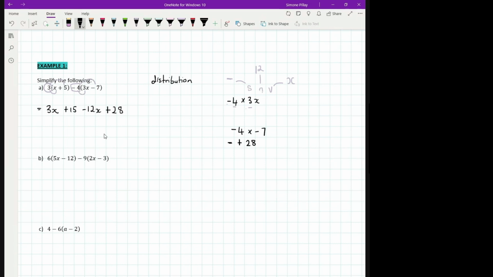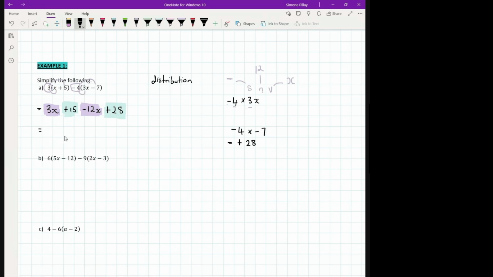I saw a hand go up. I think that was Itandile, yes. Good afternoon, ma'am. Afternoon. Ma'am, after that we are doing like terms where we say positive 3x and -12x. Then we have the two terms, which is positive 15 and positive 28.